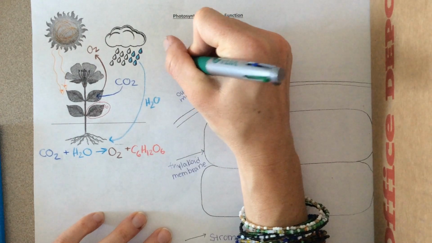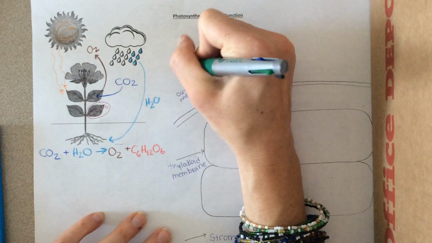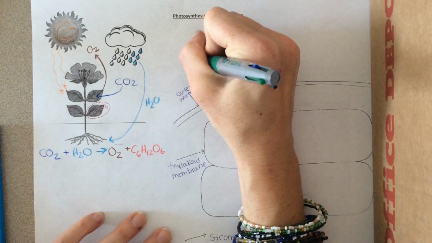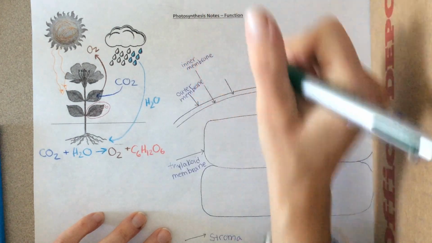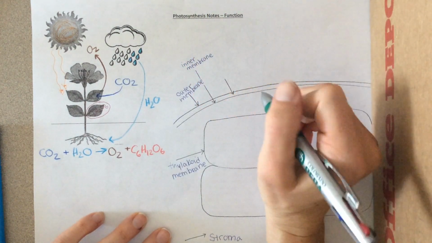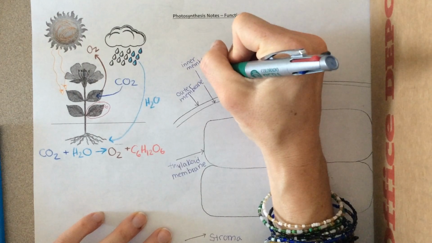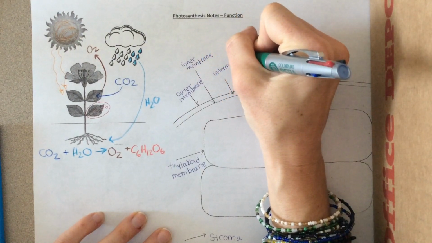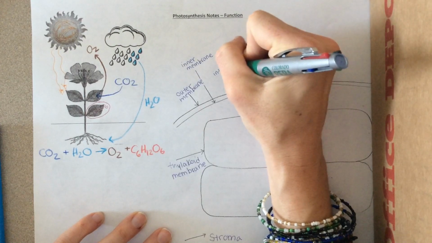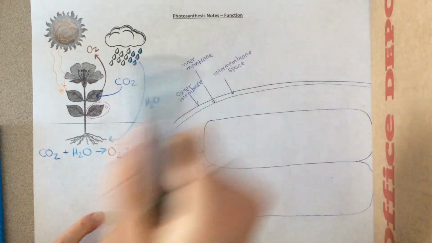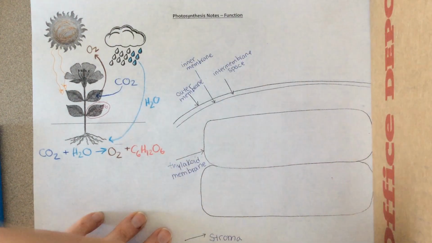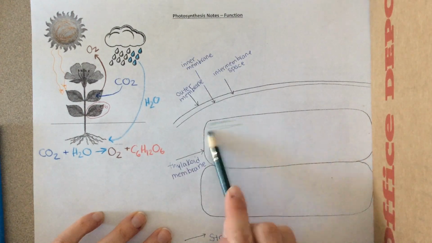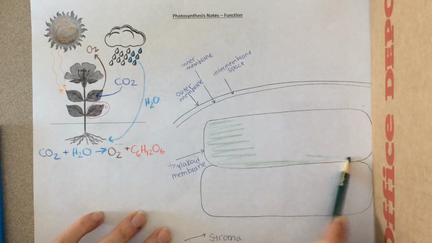This is the inner membrane. And this here is the space in between the two membranes, and it's called the intermembrane space.